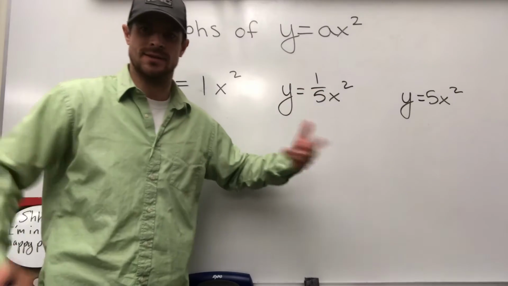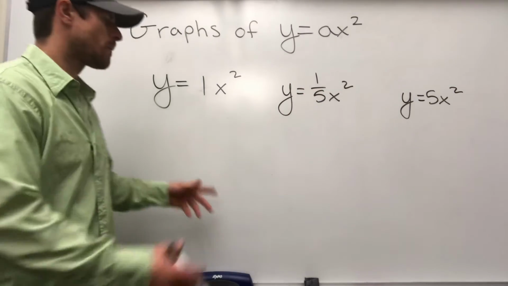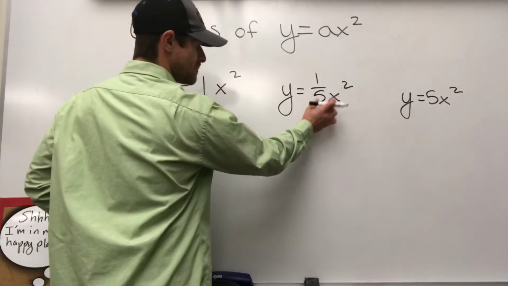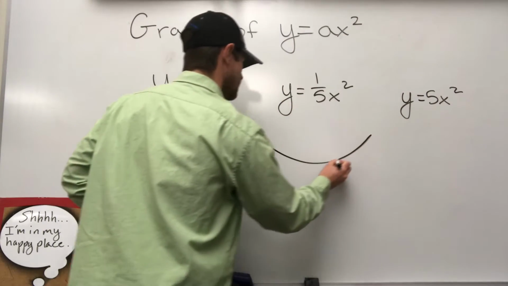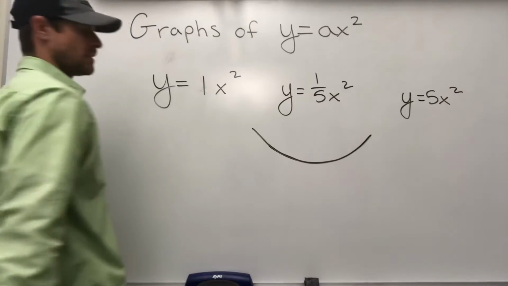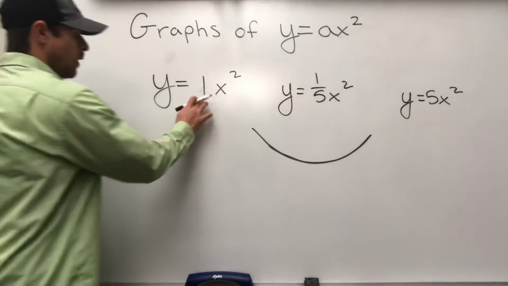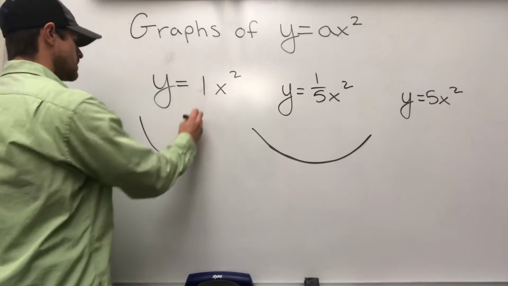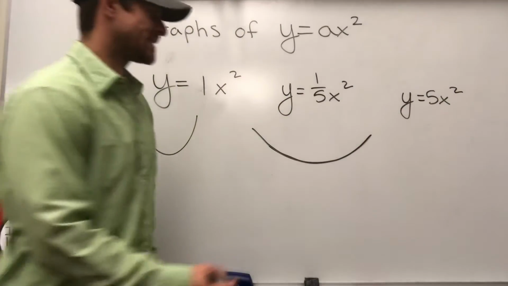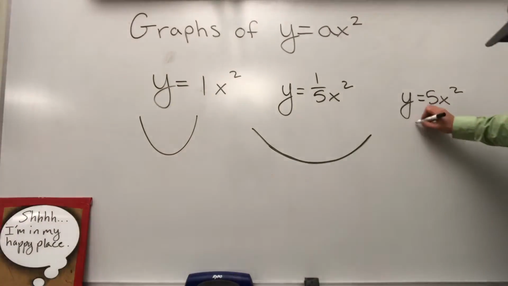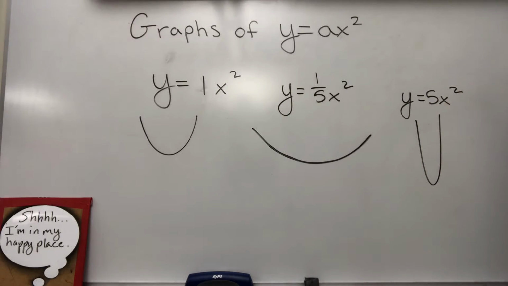It's a decimal, it's less than 1. So because that coefficient is the smallest out of the 3, this parabola would be the widest. Be a very wide parabola like that. 1 would look more like this when graphed, and 5 would be very narrow or skinny and steep. That would look more like this.